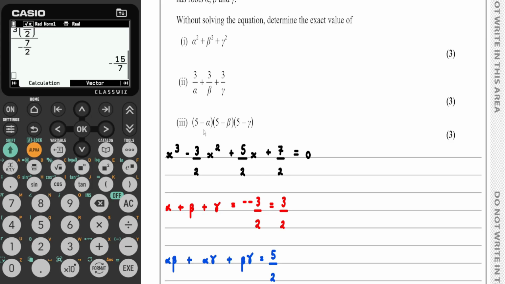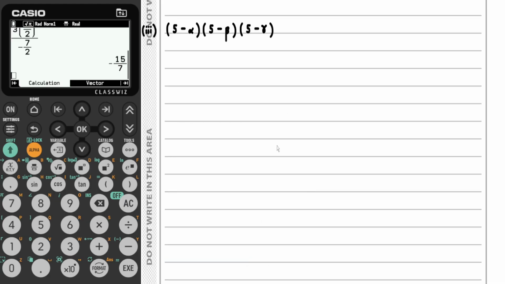We now have to work out the exact value of 5 subtract alpha multiplied by 5 subtract beta multiplied by 5 subtract gamma. Well, we have this 5 subtract alpha, and then we need to multiply together 5 subtract beta multiplied by 5 subtract gamma. 5 times 5 is 25.